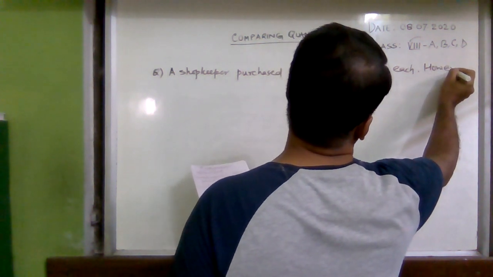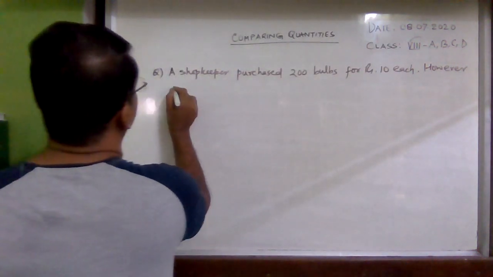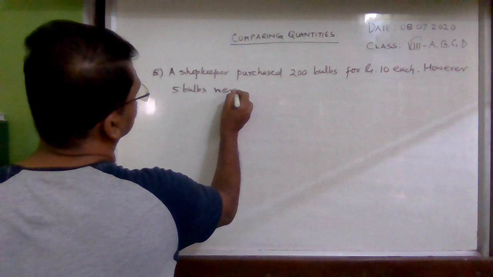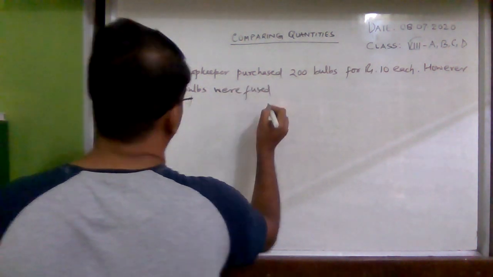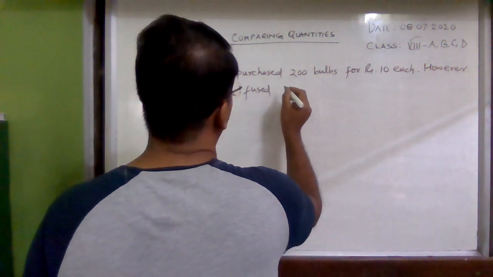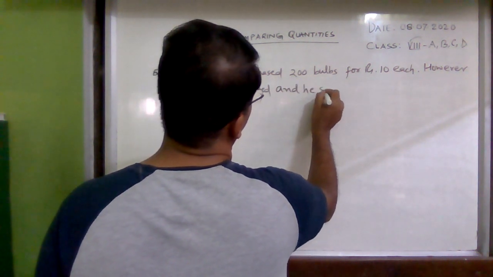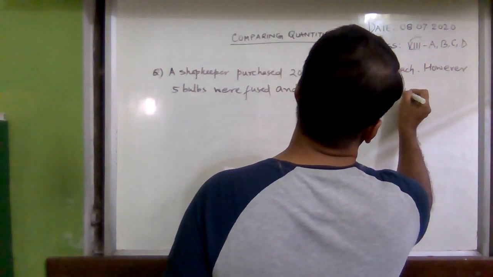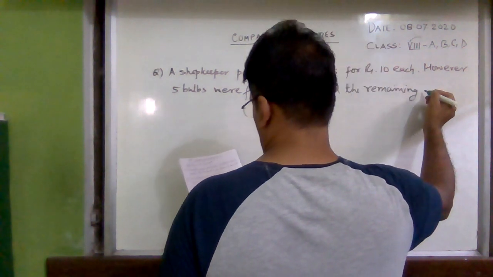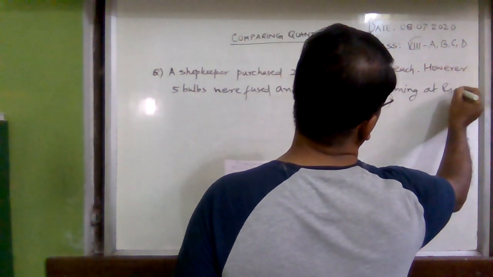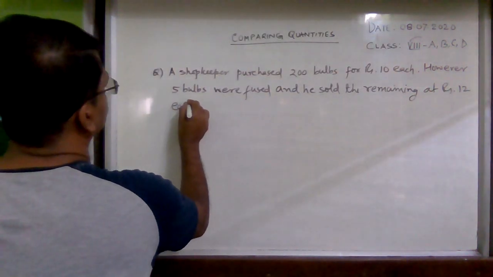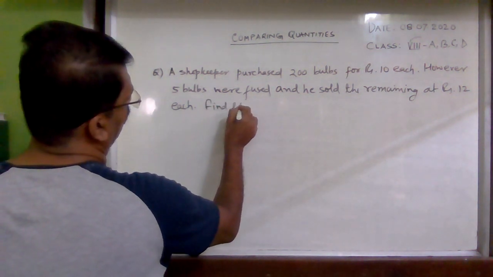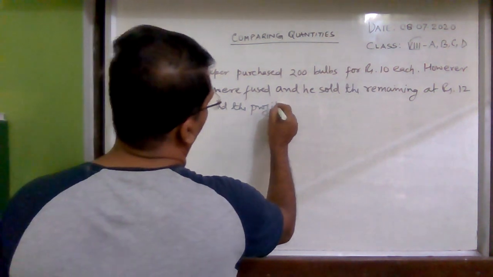However, 5 bulbs were fused and he sold the remaining at rupees 12 each. Find the profit or loss percent.